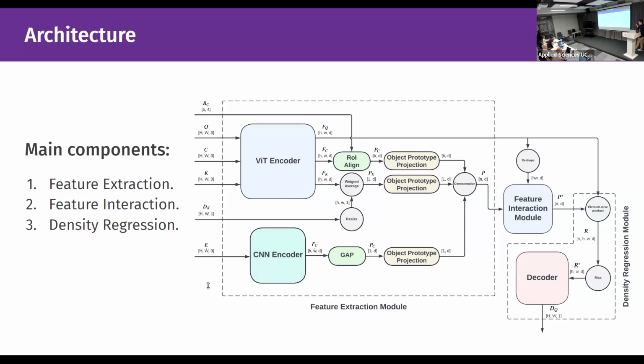It consists of two primary encoders: the vision transformer encoder and a lightweight convolutional neural network encoder. The transformer encoder processes the query image and the images from the cross-image counting and reference counting prompts, while the CNN encoder processes the object templates.